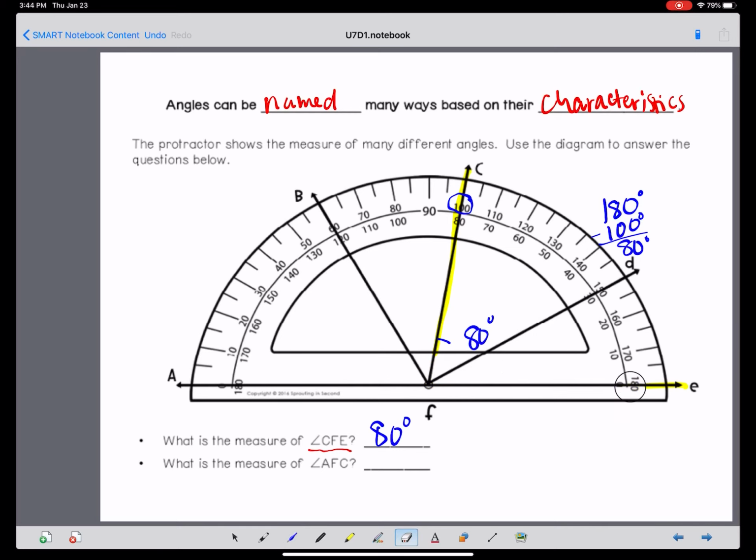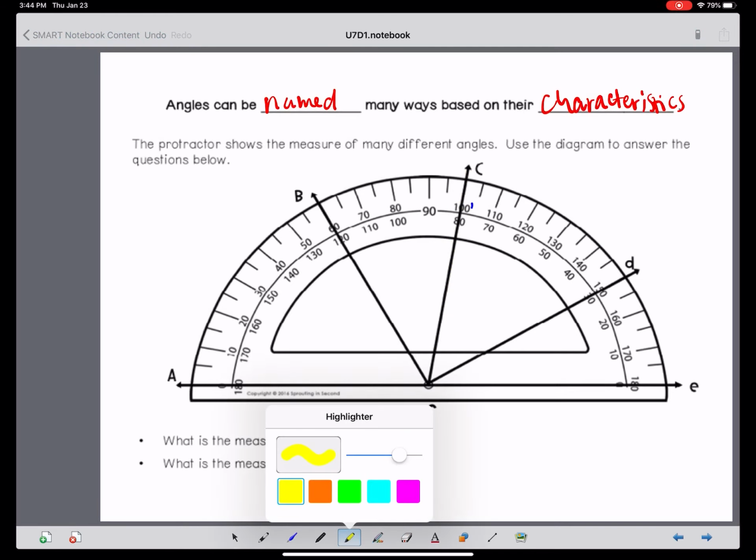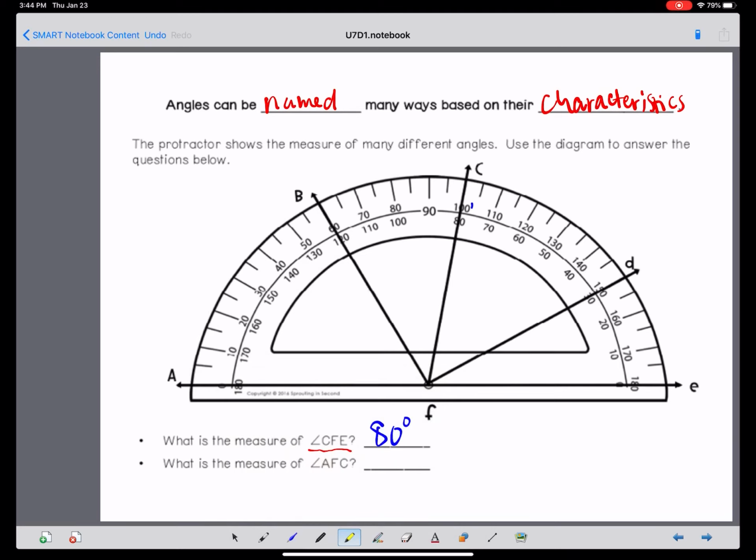All right, the next one says, what's the measure of angle AFC? So let's go ahead and figure that out. I'm going to use my highlighter again. Angle A to F to C. Now we could use the bottom row of numbers or we could use the top row of numbers. It really doesn't matter.